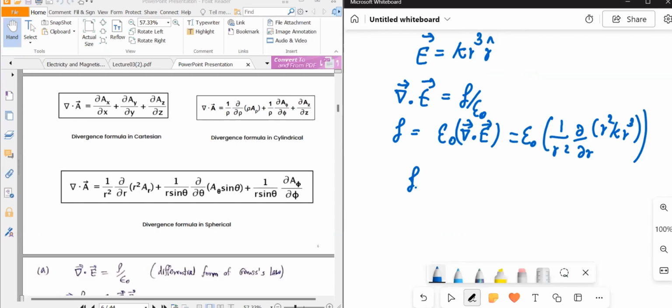So we can write charge density is equal to epsilon naught times 1 over r squared, del over del r of K r to the power 5. Do this partial derivation and see what is the charge density.